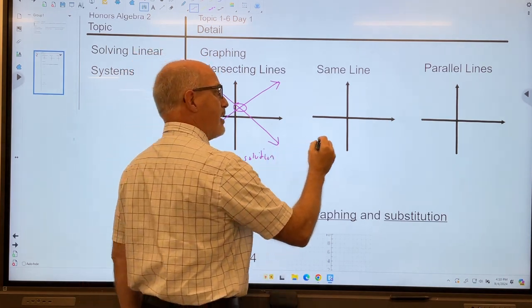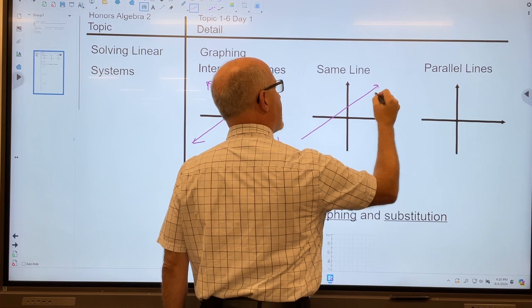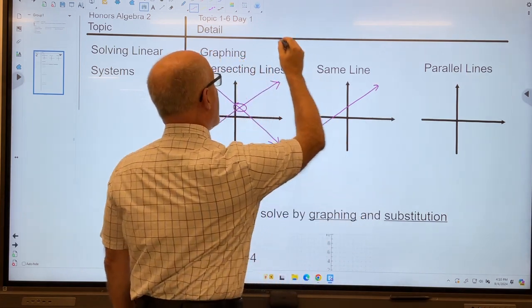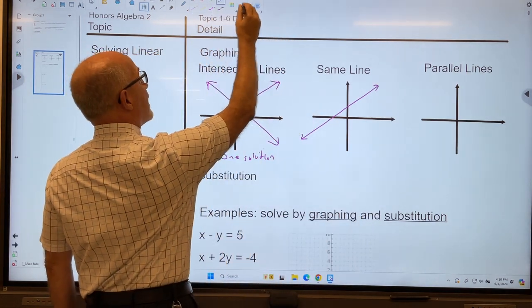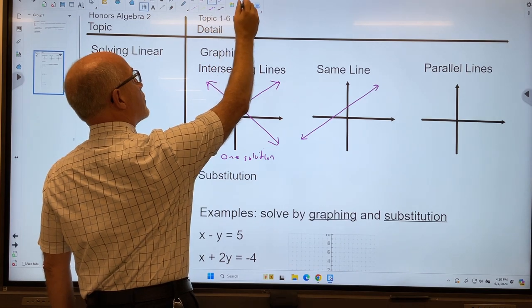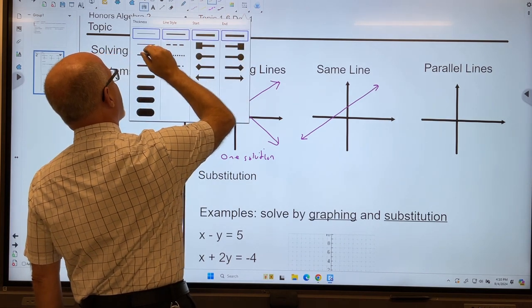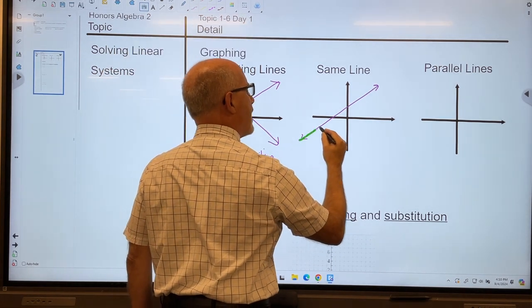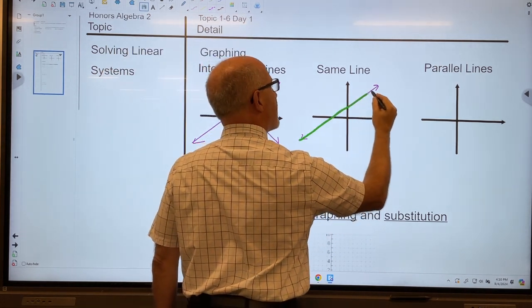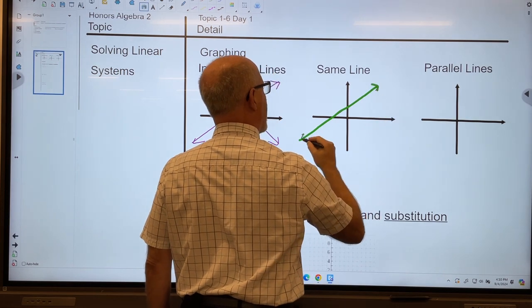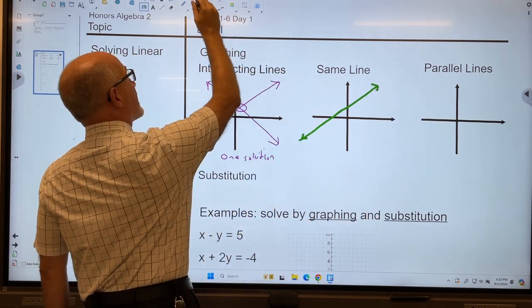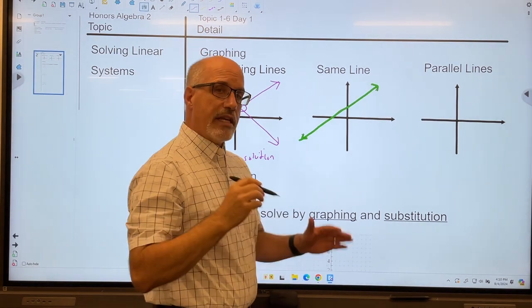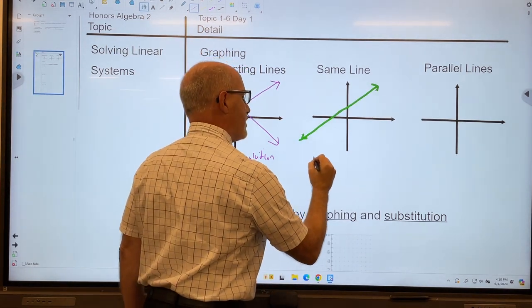Now it could be that you graph the line, and then when you graph the second line, it shows up as a line right over the top of it, meaning that they're the same exact line. If that's the case, then there are infinite solutions.